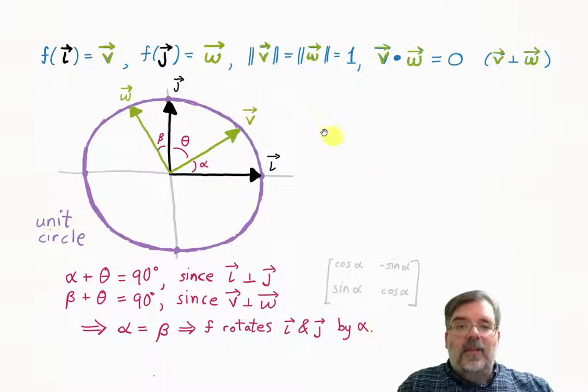So if these conditions happen to be true, this has to be your rotation matrix. In this case, it would be cosine alpha, negative sine alpha, sine alpha, cosine alpha. And that's why this set of conditions forces the function to correspond to rotation.